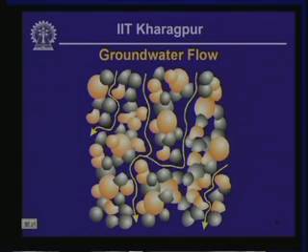These are the void spaces that are going to take part in conducting groundwater flow, indicated by the yellow arrows there. Then there are some pore spaces which are isolated and not interconnected.